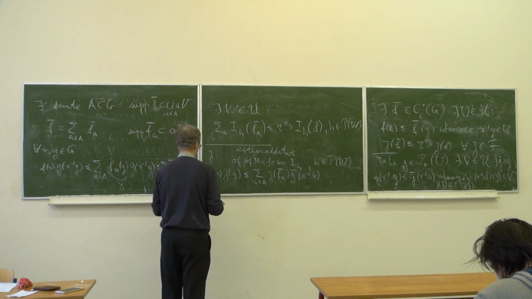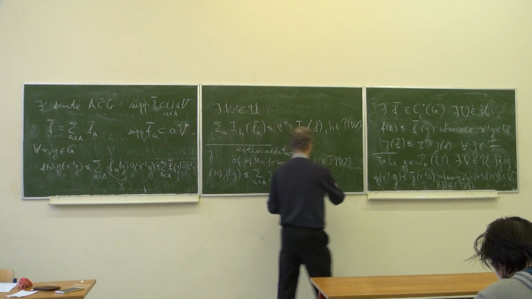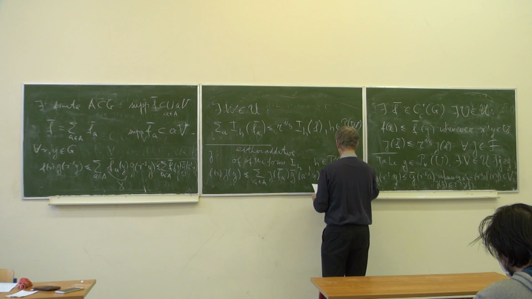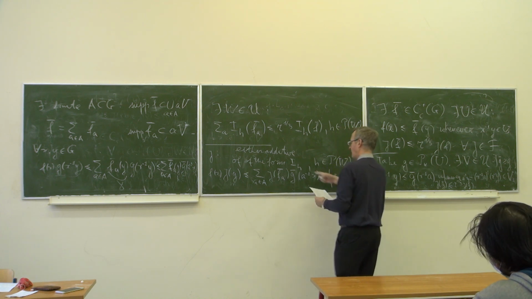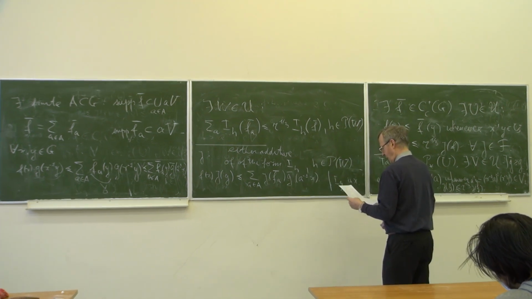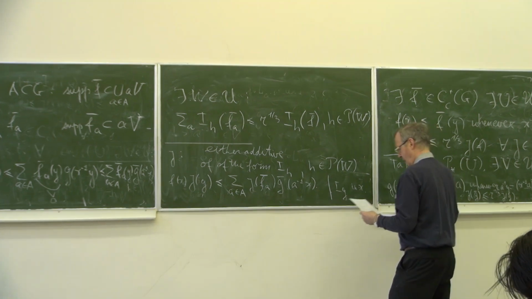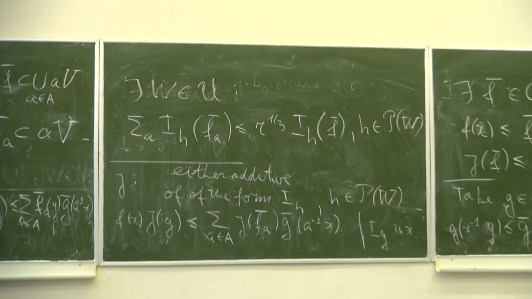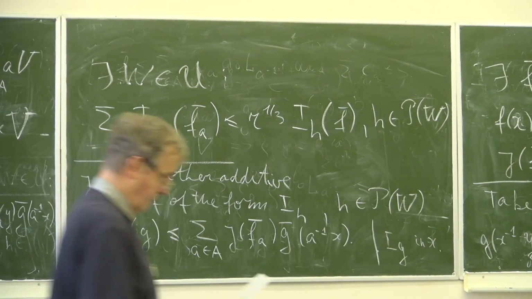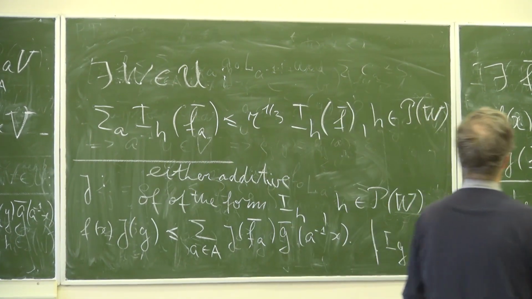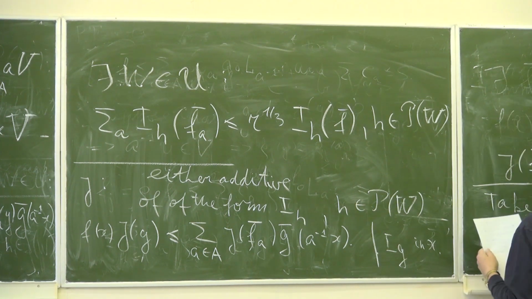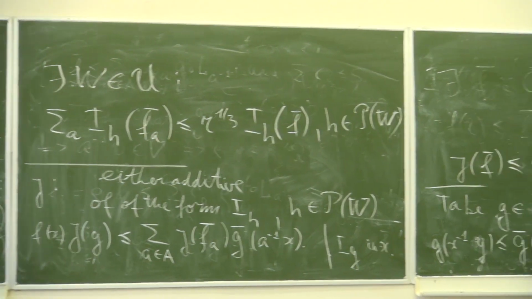And after that, let's apply the functional ij in x. Well, what does it follow? Let me erase this, but we need this, but let me erase that.